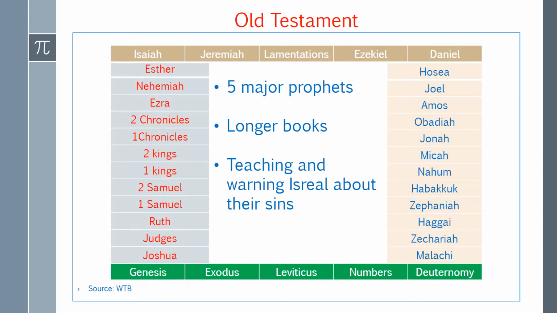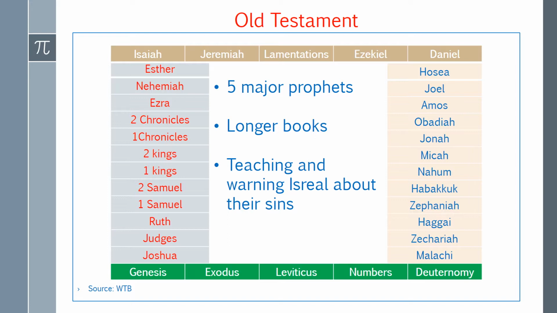First, let's look at the 5 major prophet books. They are namely Isaiah, Jeremiah, Lamentations, Ezekiel, and Daniel. The reason why we call them the 5 major books is because the books are longer. In the same way, after King Solomon, the kings were not following God very closely.